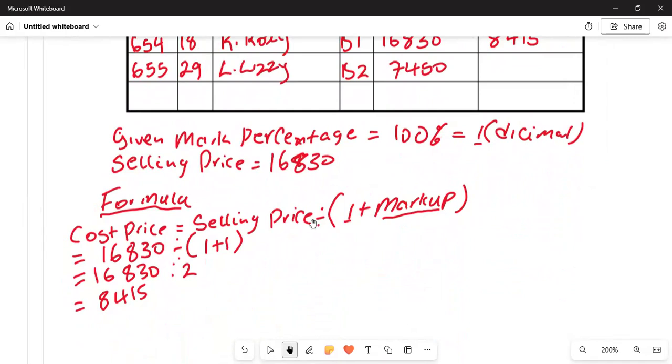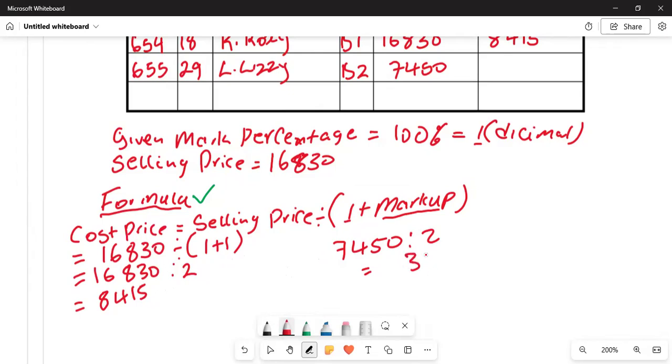Coming to Lizzie, same procedure. We are going to use the very same formula. Our sales is 7,450. We are going to divide it by 2, and then we are going to get 3,725.